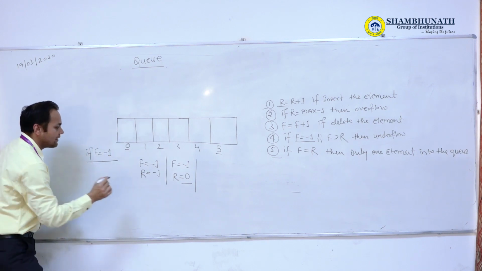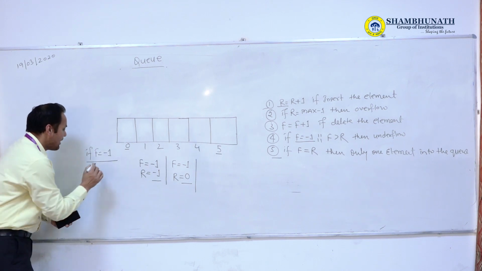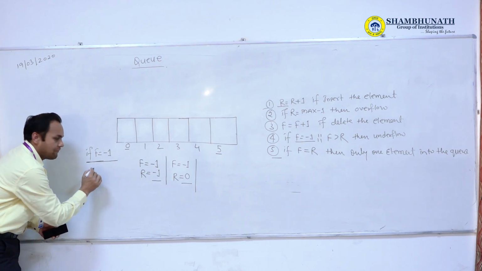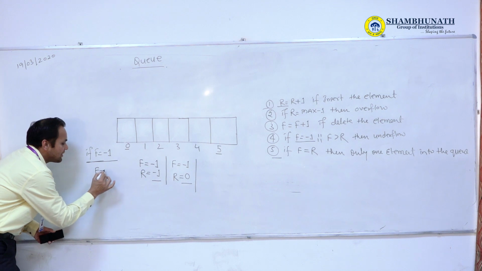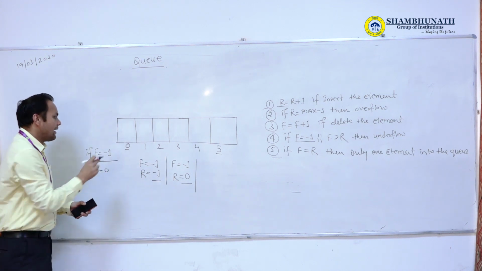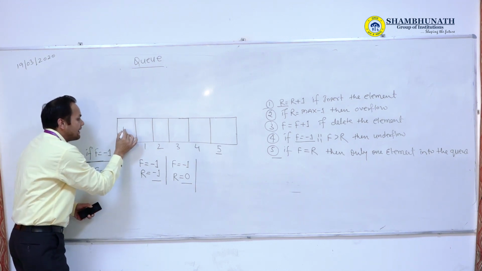Front is -1, rear is -1. Before inserting the element, first check the position of front. Change the position of front before inserting the element. That means front is 0. Then insert the element into the Q at the rear end.